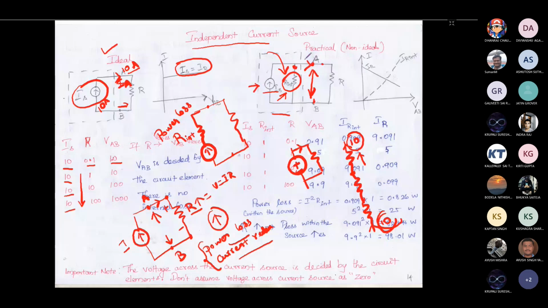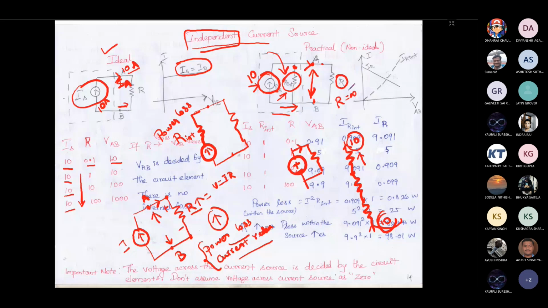One more thing you have to notice here is why it is called an independent current source. Like I said before, irrespective of the external circuit element, whatever element you connect after this current source, the current coming out of this current source is not going to change. The current magnitude is going to be a constant or steady value, irrespective of the element you are connecting here, except when R is equal to infinite.